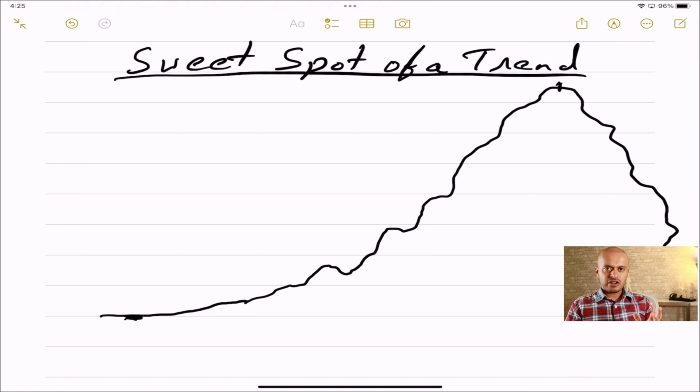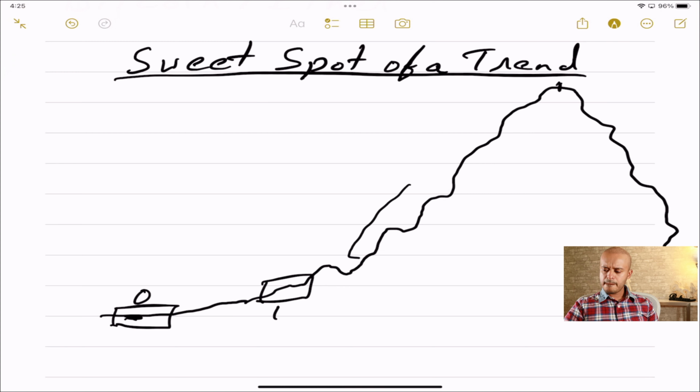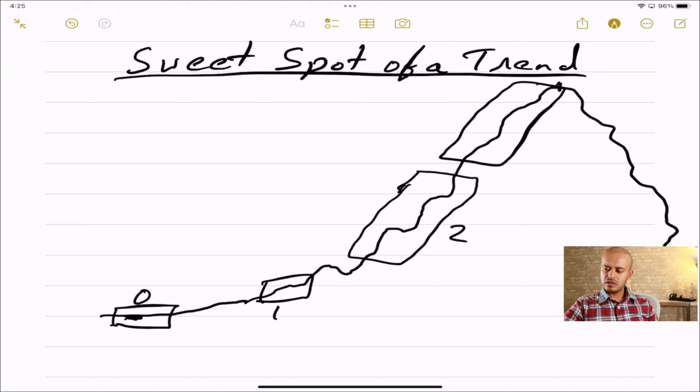So the sweet spot of a trend, this is the home base, ground zero over here. This is ground zero, this is base one, this could be base two, this will be three, and this will be four.